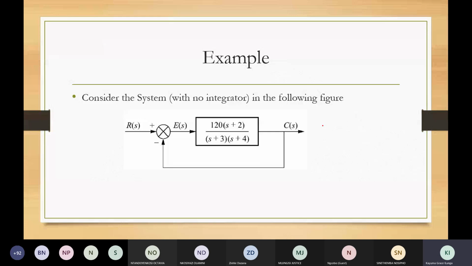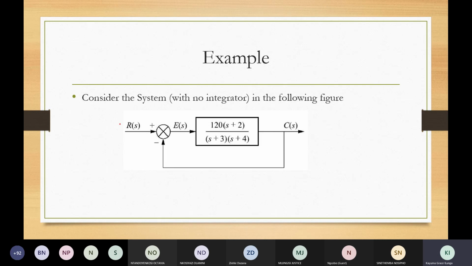The number of times we are integrating the system, I said we can quantify it by the number n. Remember, we say n is less than or equal to 3. Then we say in most cases we are using 3 types of integration: 0, 1, and 2.